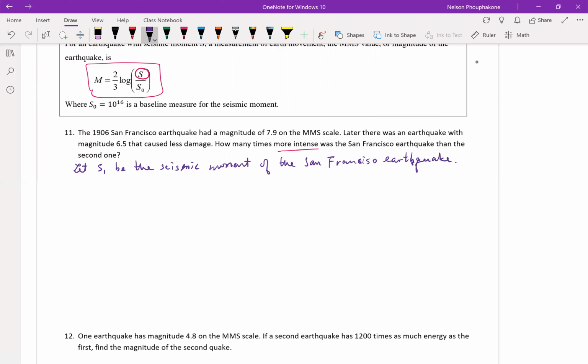And then of course I would like to let S2 be for the second earthquake.